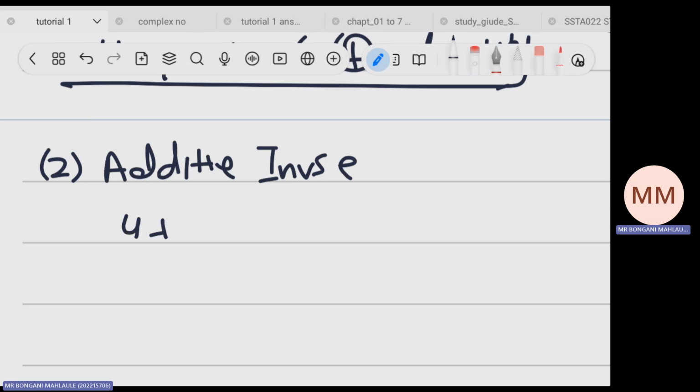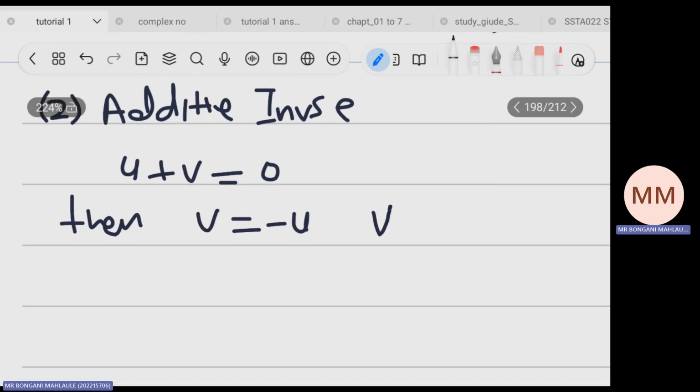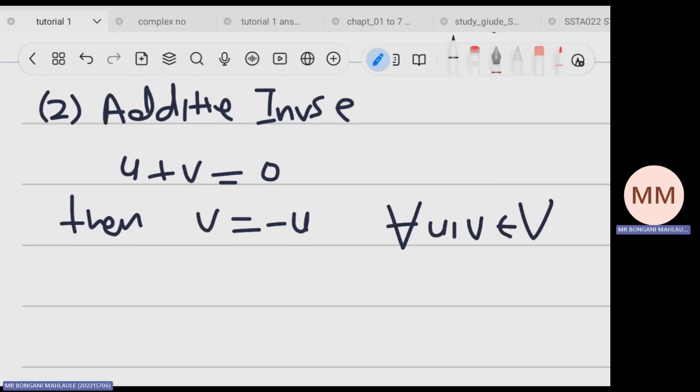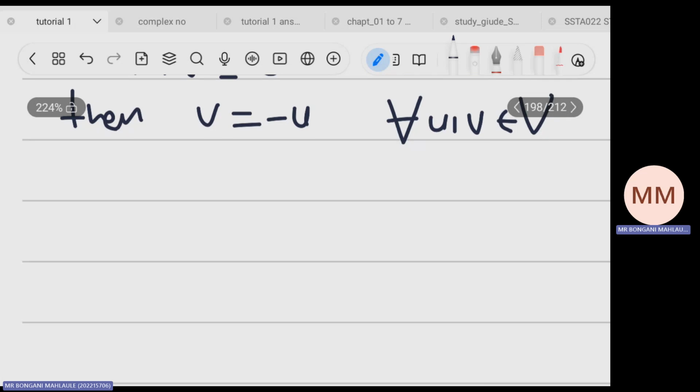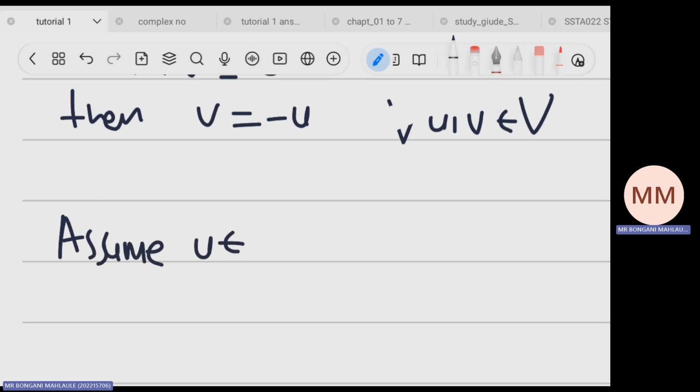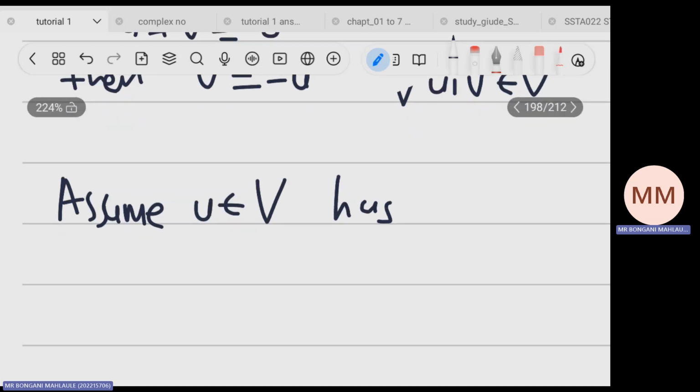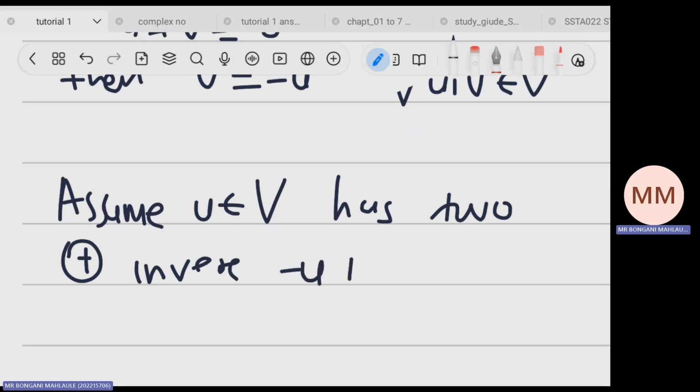So this says that if u plus v is equal to 0, then v must be equal to negative u, for all u, v being elements of V. So first, suppose or assume u is an element of V, and it has two additive inverses, negative u and negative u prime.